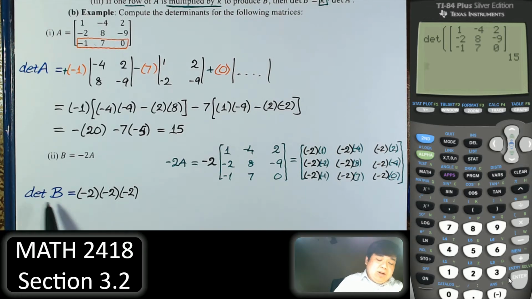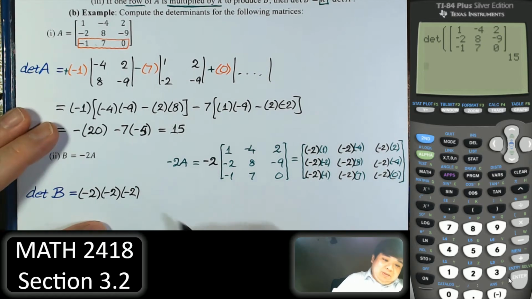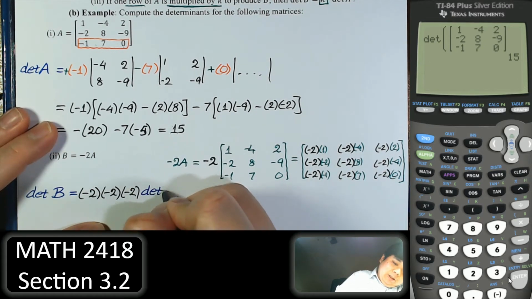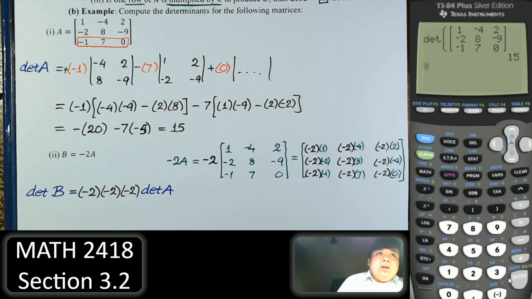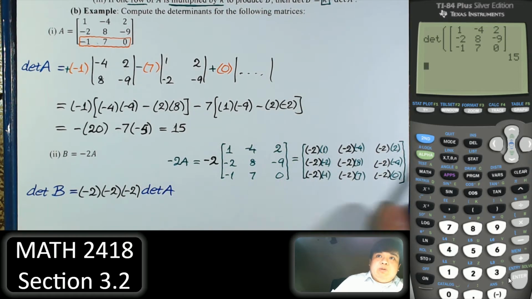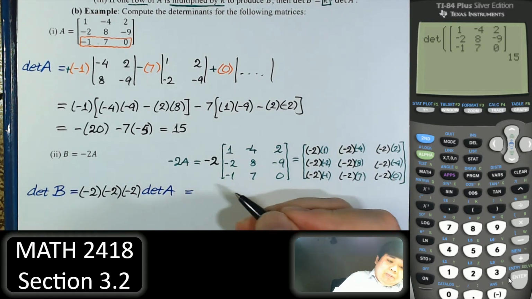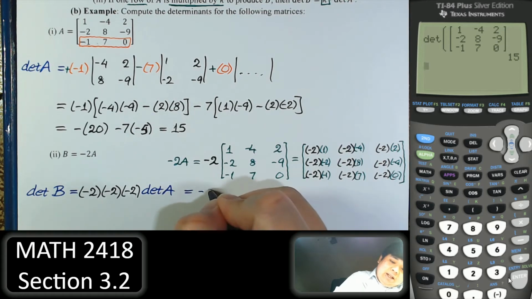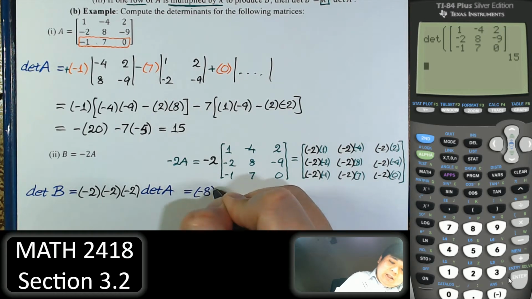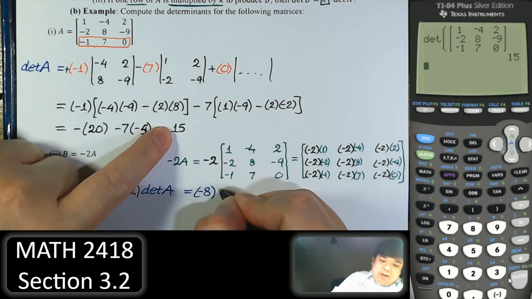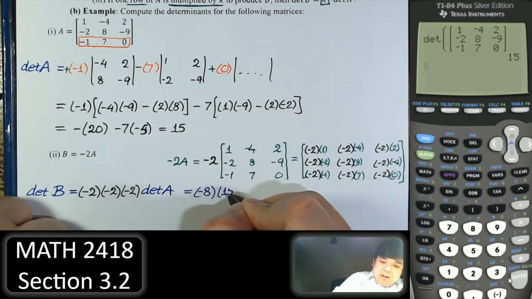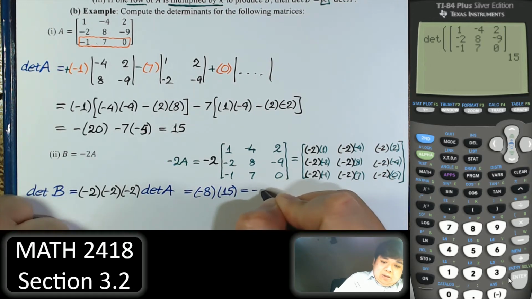So we just say the determinant of B is equal to -2 times -2 times -2 times the determinant of matrix A. That gives us -8 times 15, which is -120.